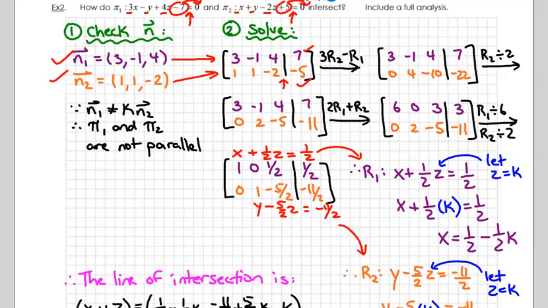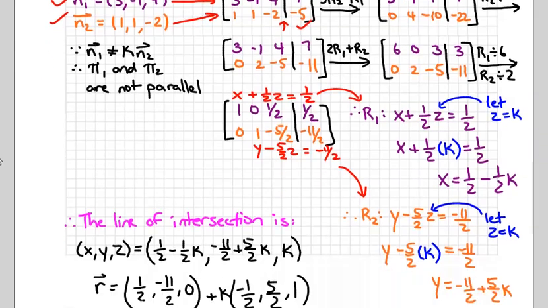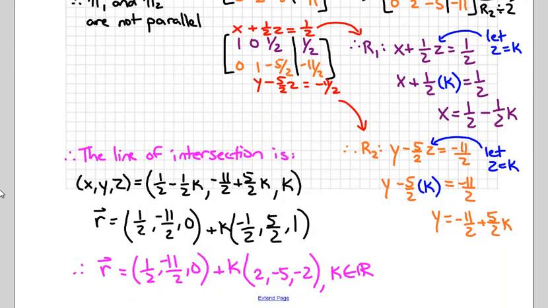So what we do in this case is we sub in any letter that we want as our z, because z is what will dictate what x is going to equal, and it'll also dictate what y is going to equal. Since we don't know what z is, we'll just let it be something.